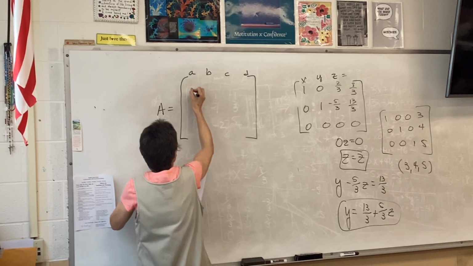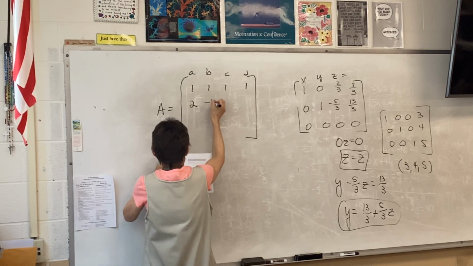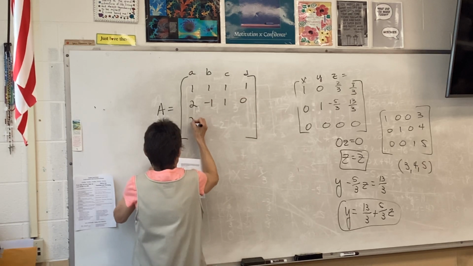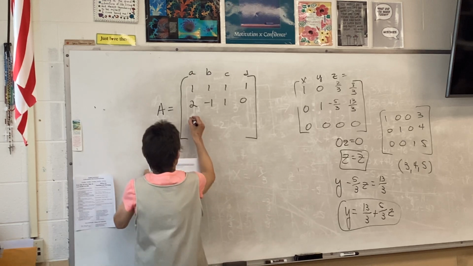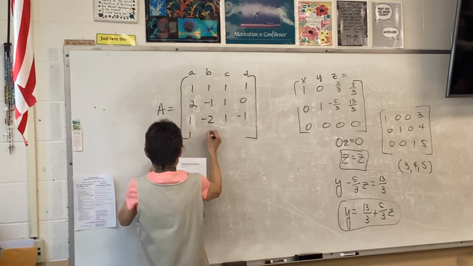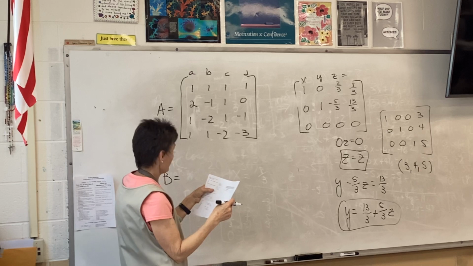So 1, 1, 1, 1; 0, 1, 1, 1, 1; 2, negative 1, 1, 0; 1, negative 2, 1, negative 1; and 1, 1, negative 2, negative 3. So hopefully I got all those copied right.